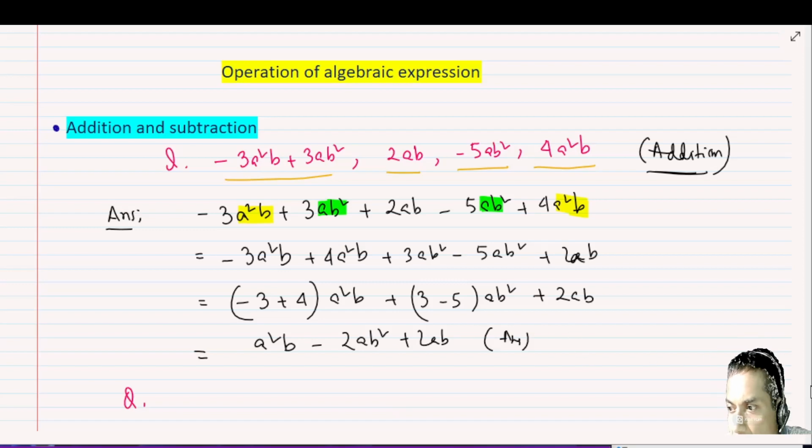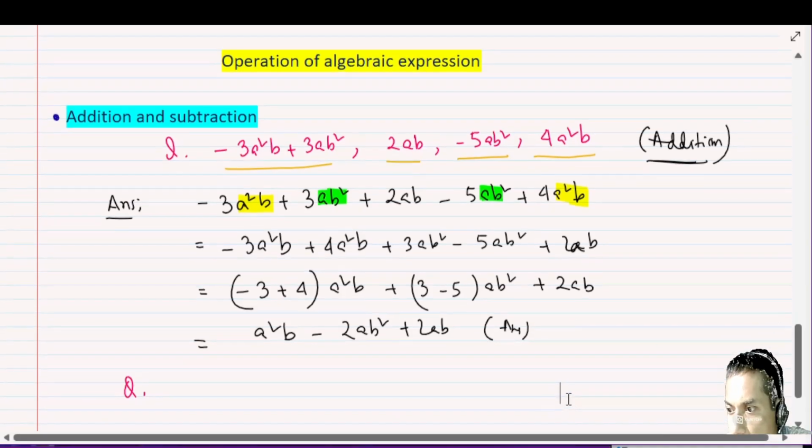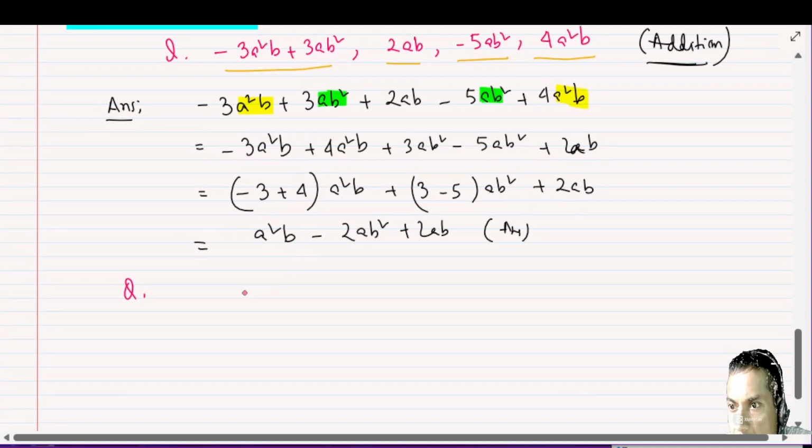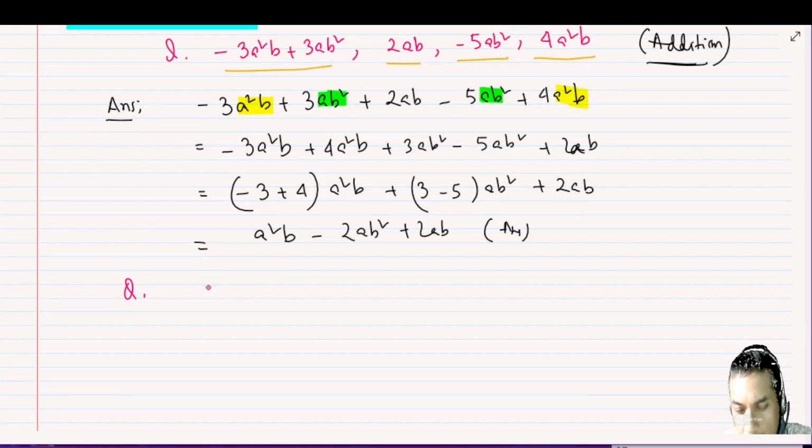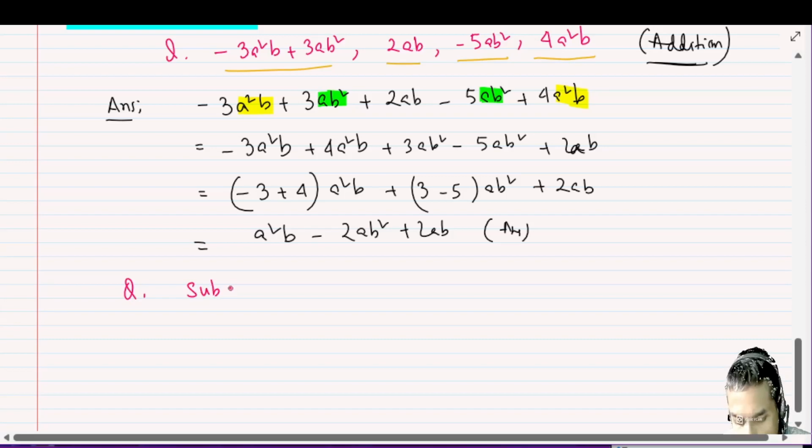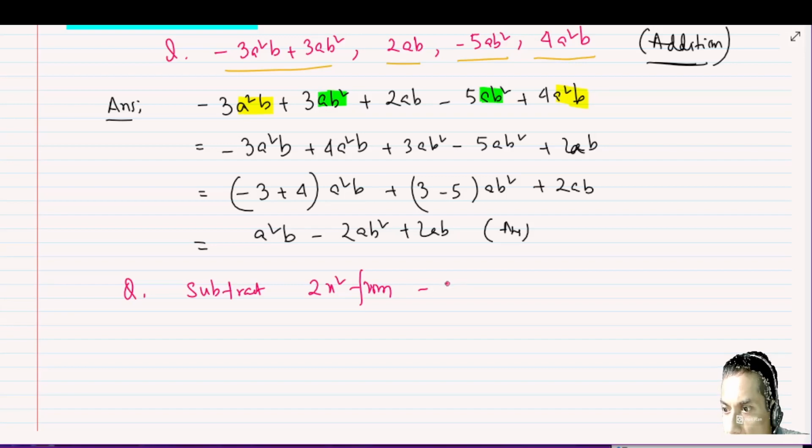Let's take one example of subtraction. Subtract 2 by x square from minus 8 by x square. How can you do that?